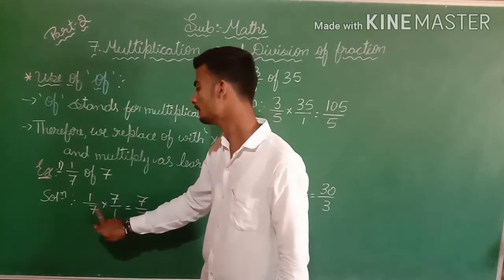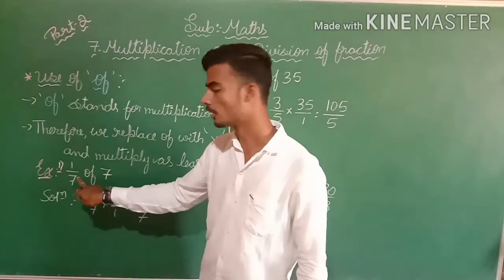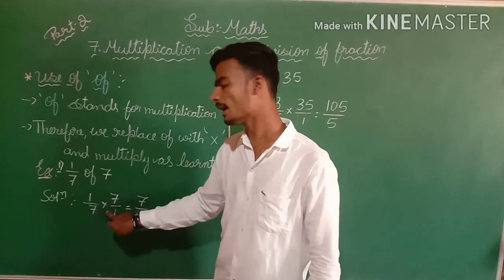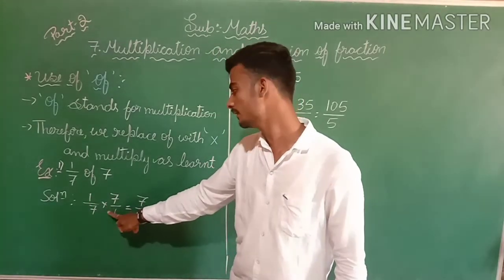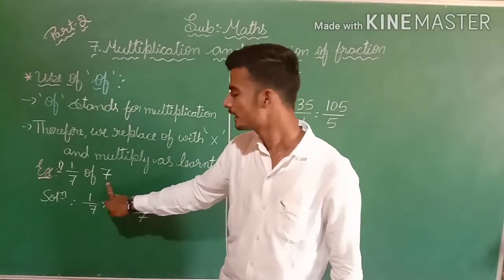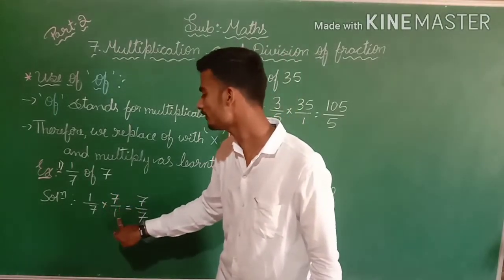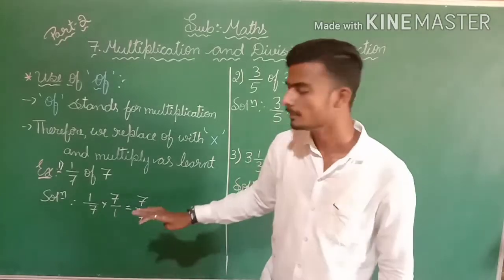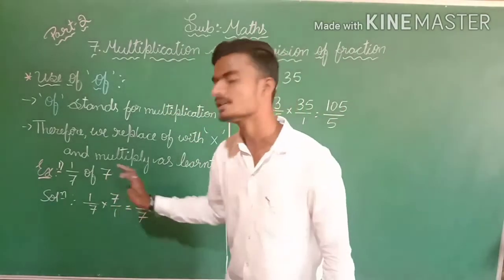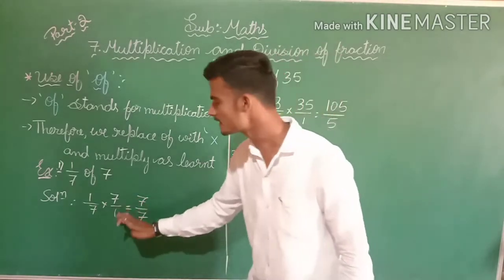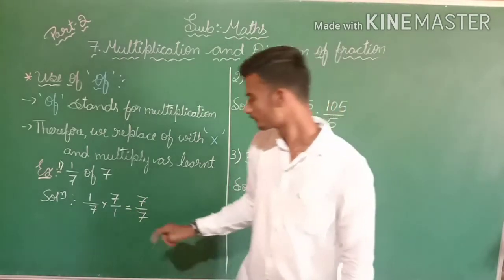See here, 1 by 7 into 7. In the place of "of" I have written a multiplication symbol. Here 7 is there; if you write 7 by 1, it is no problem. It is assumed as 7 itself.